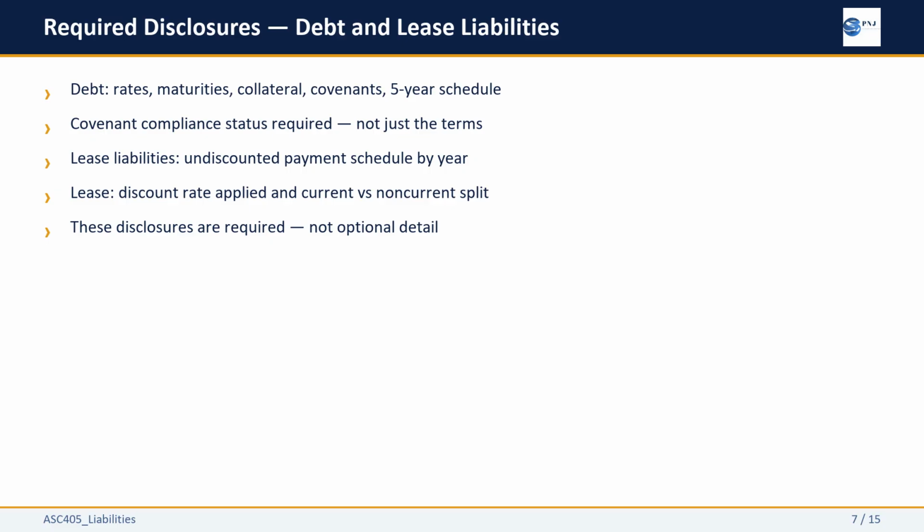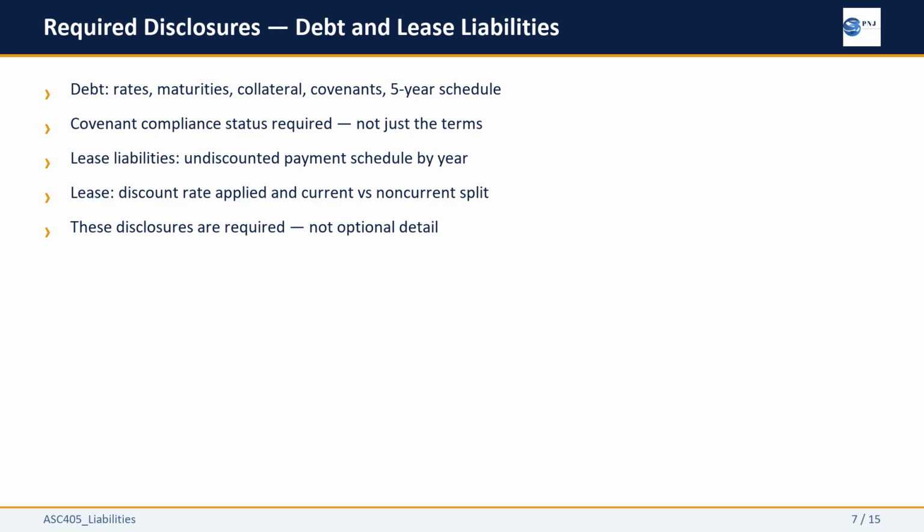The footnotes are where the full story of your liabilities gets told. For debt, you must disclose the description, outstanding balances, interest rates, maturity dates, collateral pledged, covenant requirements, whether you are in compliance, and a maturity schedule for the next 5 years. Many teams disclose the covenant terms but forget to address compliance.